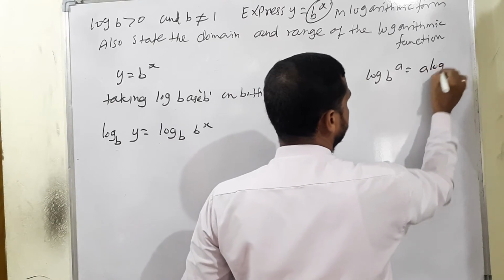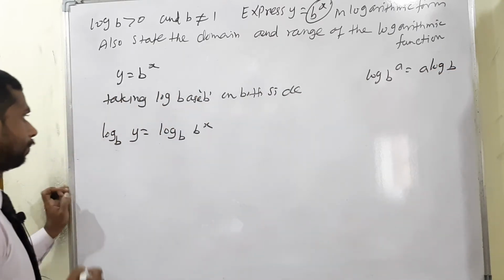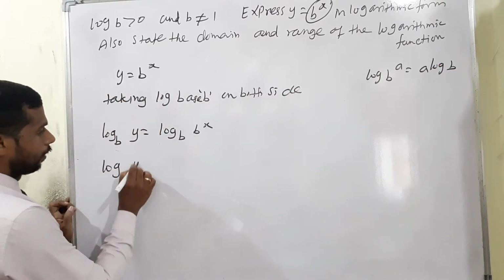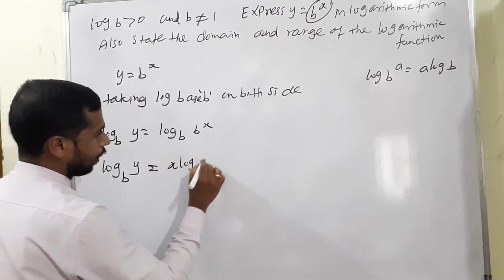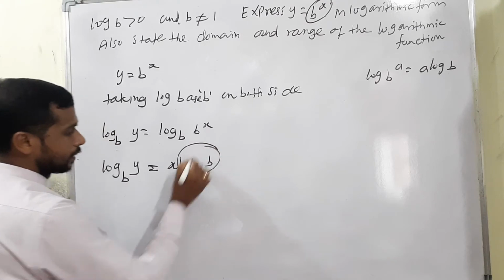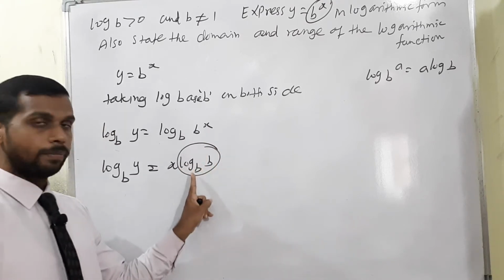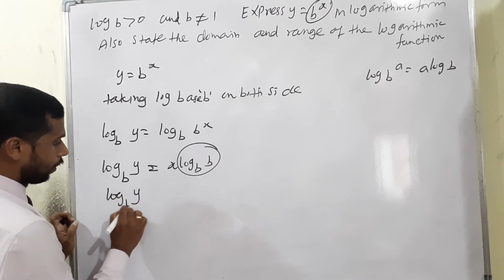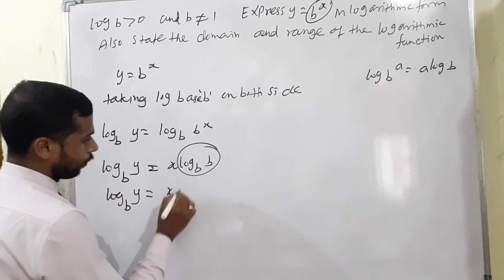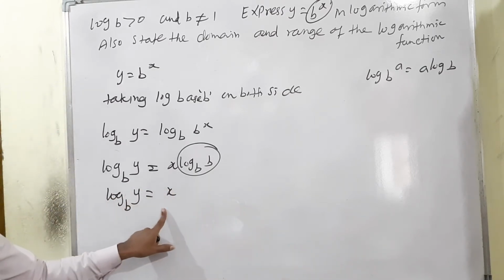Therefore, log y base b is equal to x log b base b. When the base and the term are the same, we can consider the value to be 1. Therefore, log y base b is equal to x. That is the first condition, the logarithmic form.